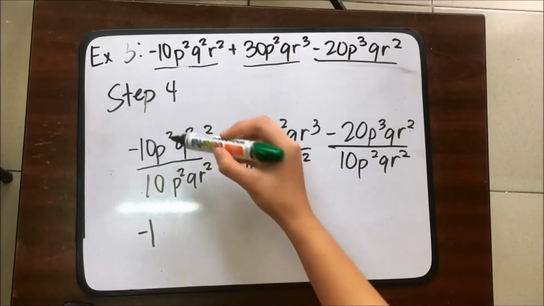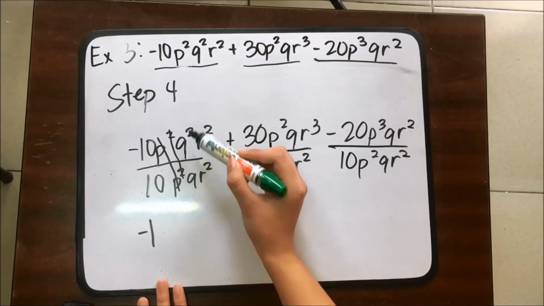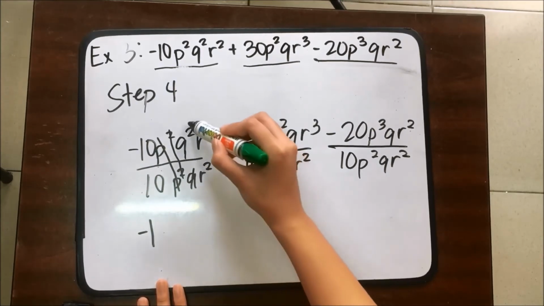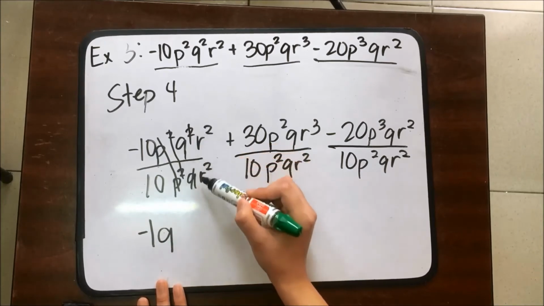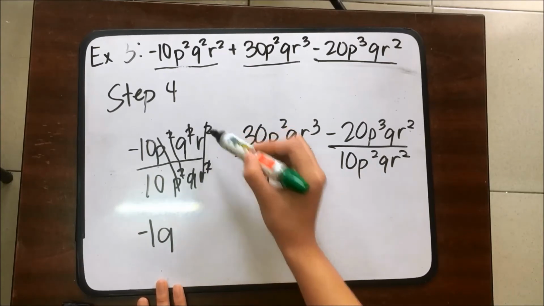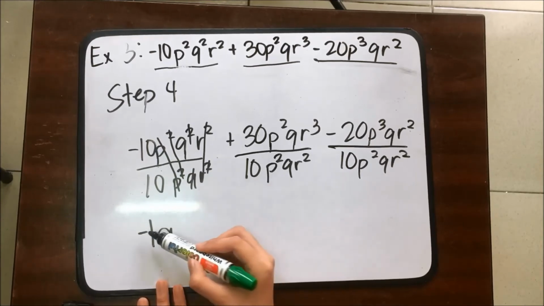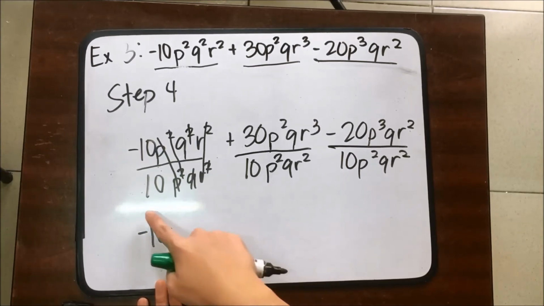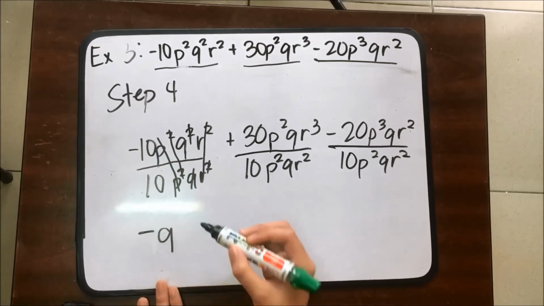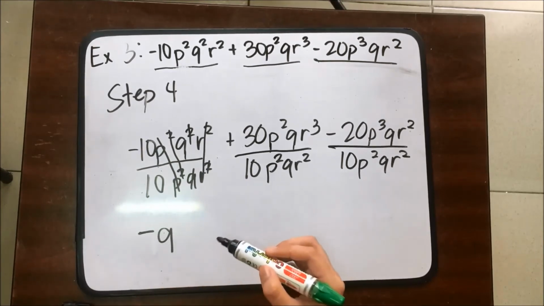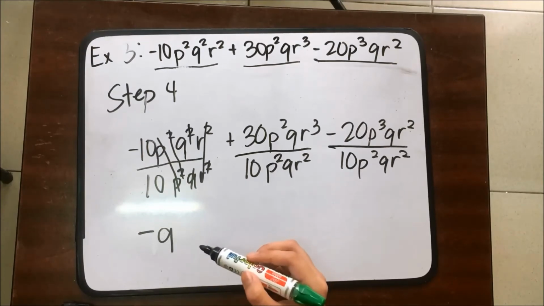P squared divided by p squared, we will cancel that out. Q squared divided by q, so only q will be left. And then r squared divided by r squared, we will cancel that out. So for the first term, the quotient is negative 1q. We can remove the 1 over here, so it will only be negative q. Negative 1q and negative q have the same value.